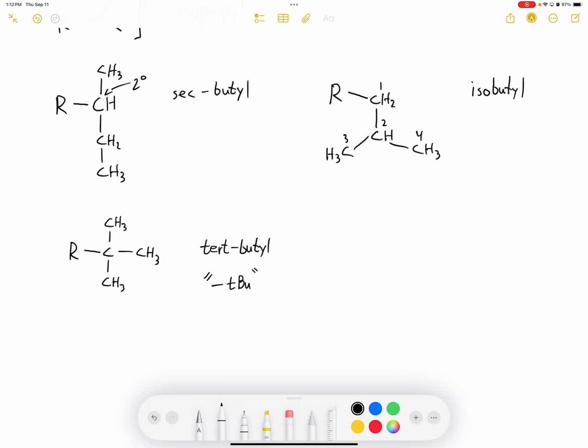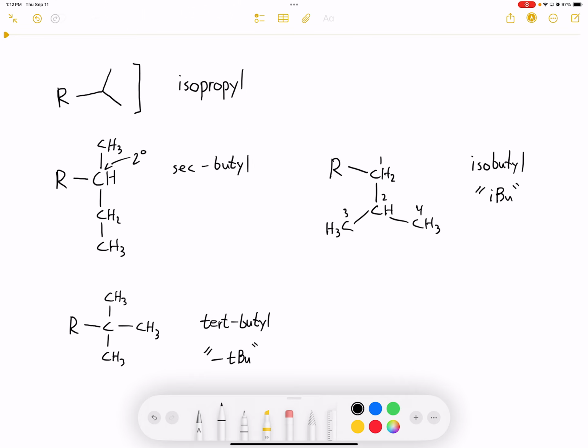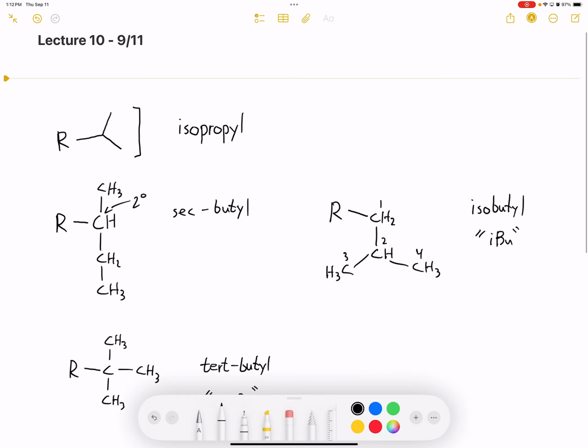All right. And this would look like IBU. And then there's really no abbreviation for this one, but isopropyl would be IPR. Or sorry, it won't be uppercase. It'll be IPR, like that. Isopropyl. All right.